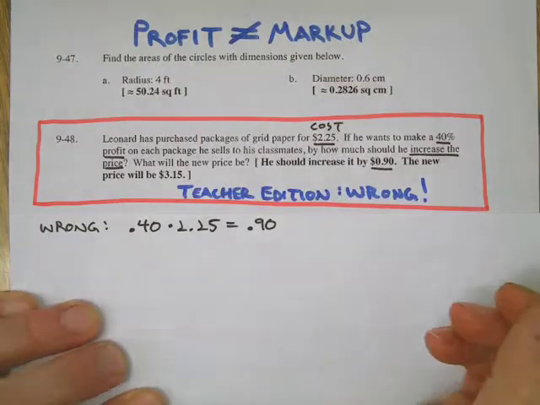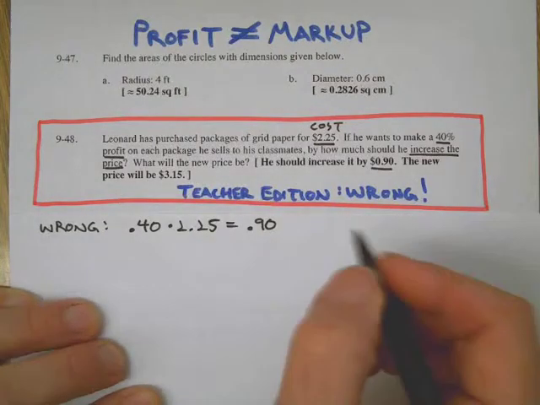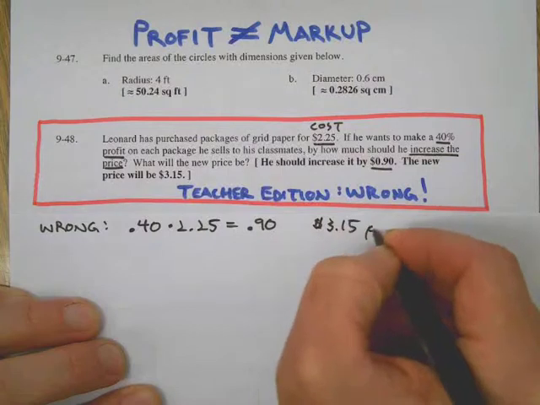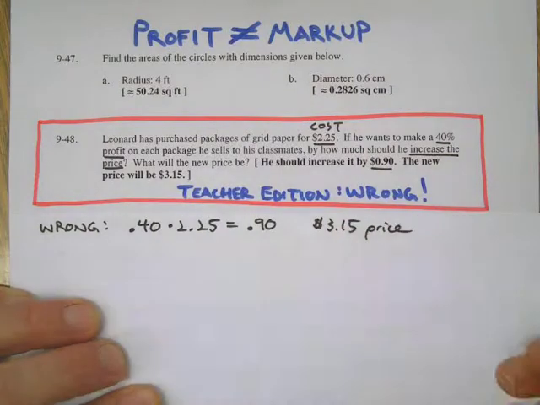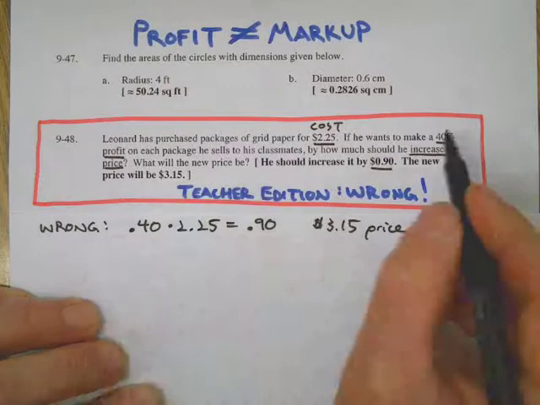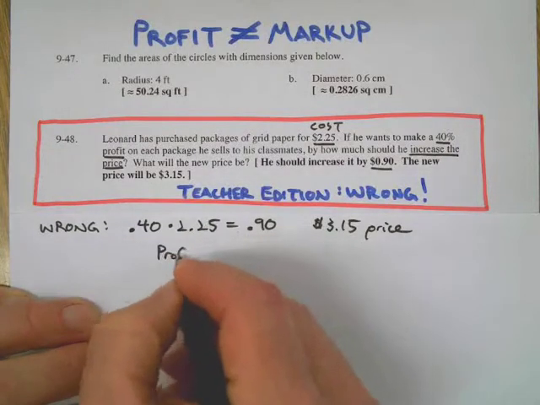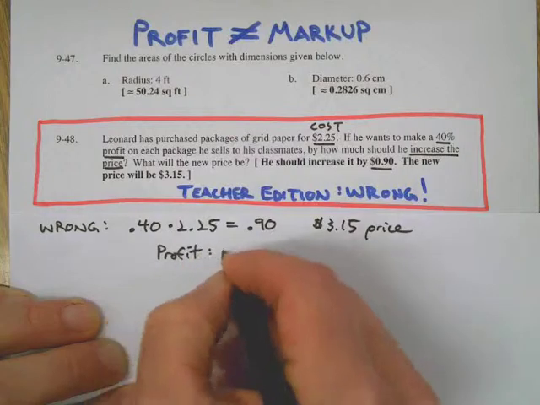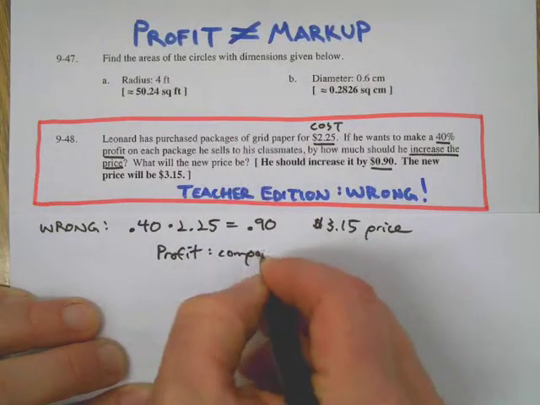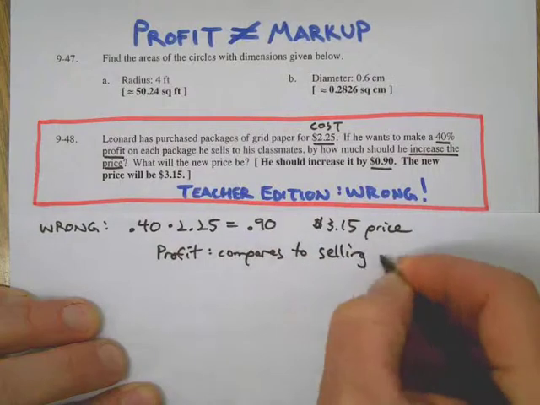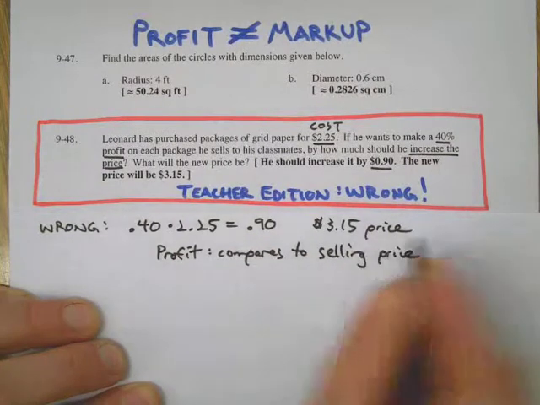Okay? The thing that's wrong with that, and they're saying the price is $3.15, as you can see by the answer key. The problem with that is this. If we're going to figure out profit, it gets compared to the selling price. Okay, so automatically we have a way of checking our work.